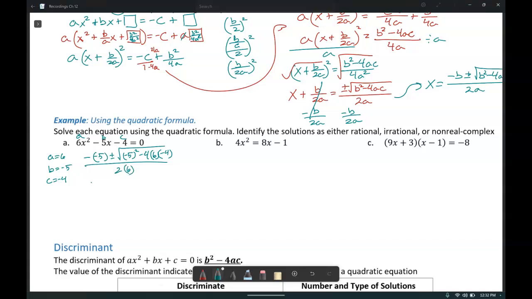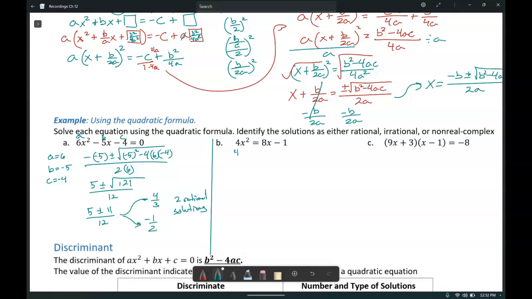This simplifies to 5 plus or minus the square root of 121 over 12, which is 5 plus or minus 11 over 12, which gives us two rational solutions, 4/3 and negative 1/2.